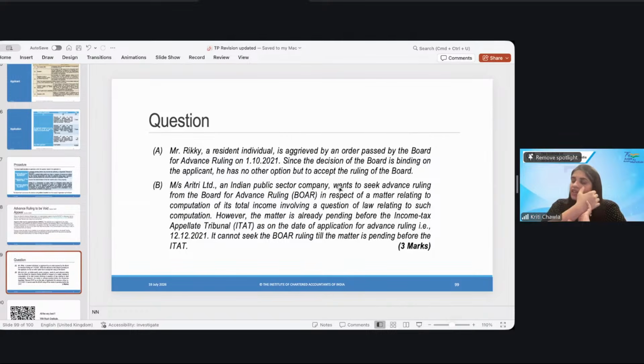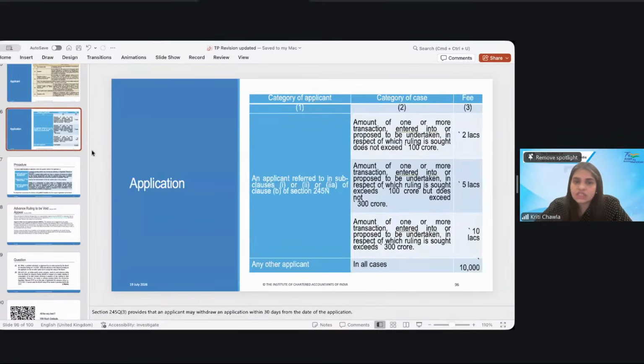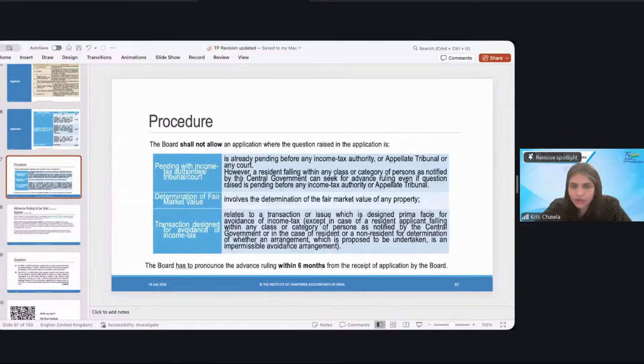Well, that is because generally, yes, this is the case, but there is an exception here for Indian public sector companies if it is notified. If it is pending before the income tax authority, the board will not allow it. But a resident falling within the class of residents notified by the central government, even if the question raised is pending before the income tax authority or appellate tribunal, can still be allowed.